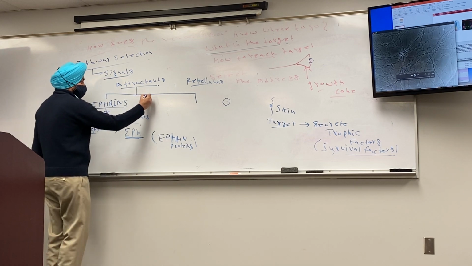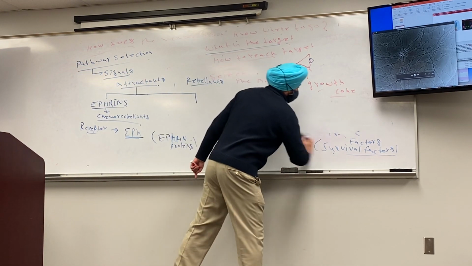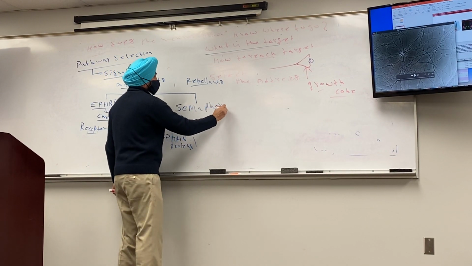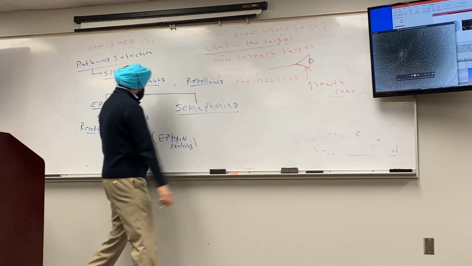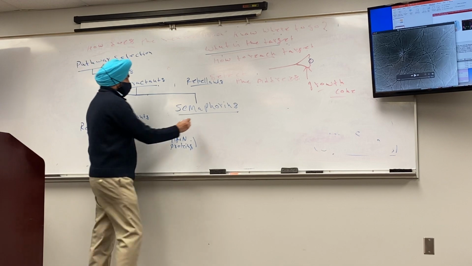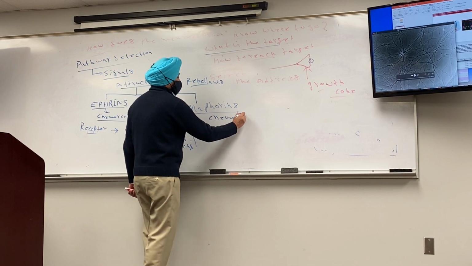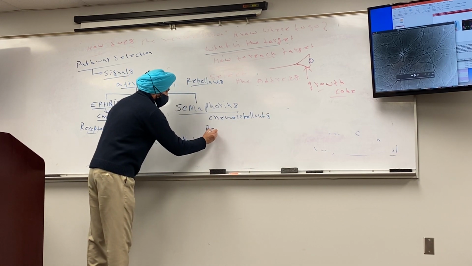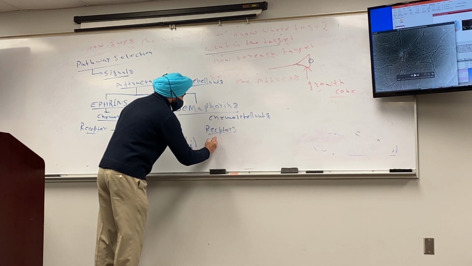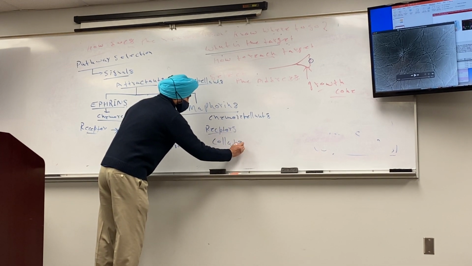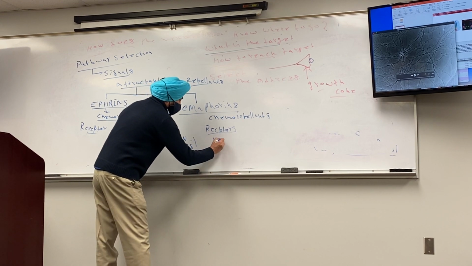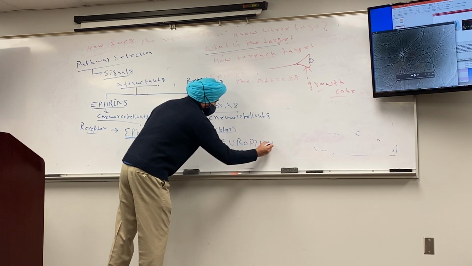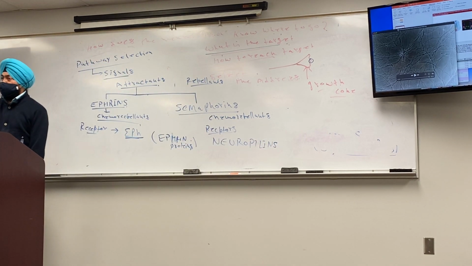And then there is another class of protein, what we call semaphorins. This is another class of protein. These are also chemorepellents. And their receptors are neuropilins.